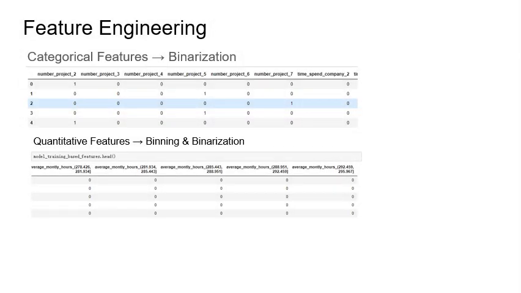In the feature engineering process, we use binarization to separate categorical features into one-hot encoding. As for the quantitative features, we use binning to separate these features into numerical bins, and then use binarization to separate them into binary one-hot encoding.